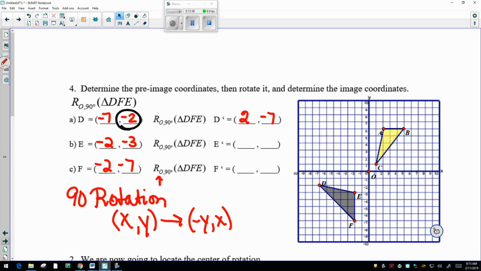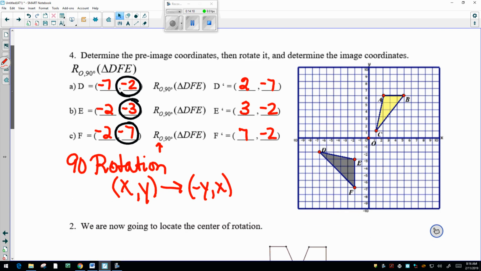For letter E, I'm taking my y coordinate, that becomes my x coordinate, but with the opposite sign. So it becomes a +3, and then the x just moves into the y position. And lastly, I take that -7, take the opposite sign, that becomes my x value, so now that's a +7, and my -2, I keep the sign, it just goes into that y position. Okay, so those are rotations.